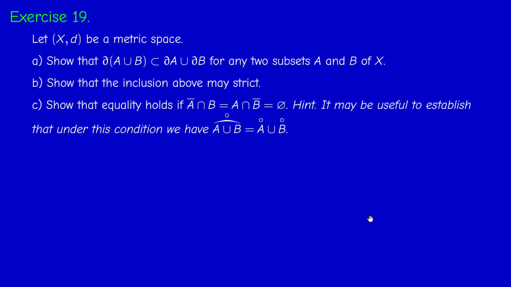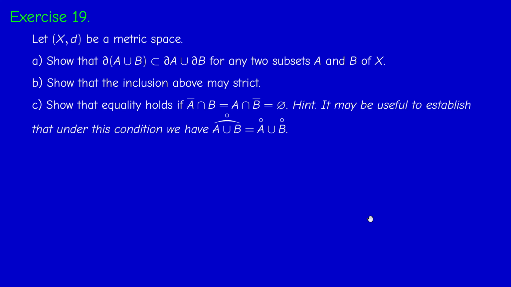Exercise 19, an exercise about the boundary of a union of 2 sets. So we have to prove that the boundary of the union of 2 sets is contained in the union of their boundaries. First thing. And second question, we have to show that equality may fail.